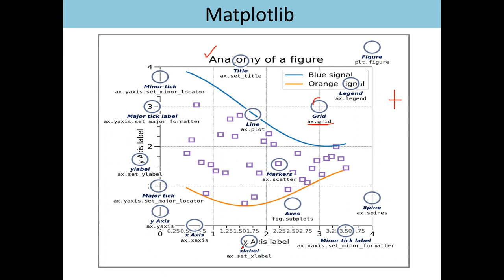And these are labels, which will obviously be there in a graph or plot. Then there are axes: the x-axis and the y-axis. An axis is a single axis, while axes is another thing.